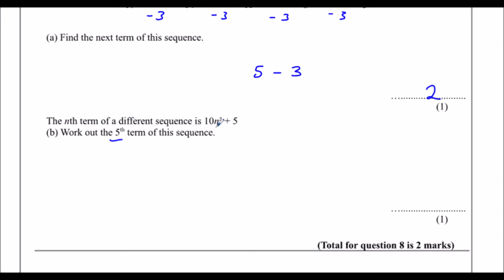If I wanted to find the 100th term, I would change n to 100. But I want to work out the fifth term, so let's change n to 5. So we're going to have 10 times 5 squared plus 5. And we can type it in the calculator like this. And we should get 255.